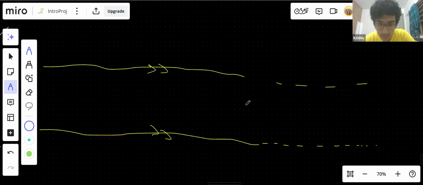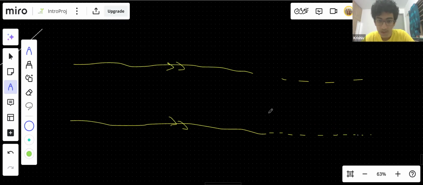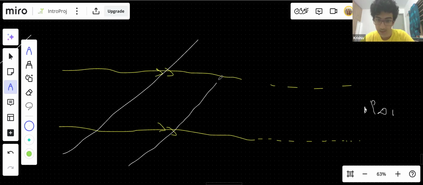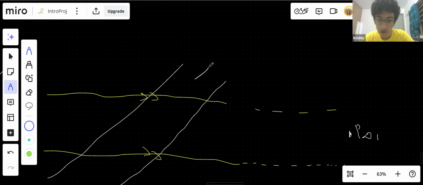So in projective geometry, the plane we'll be working in, we define a point at infinity for any two parallel lines in some direction. These two will intersect at point at infinity 1, let's call it. And these two parallel lines will intersect at point at infinity number 2. These two points at infinity are not the same.